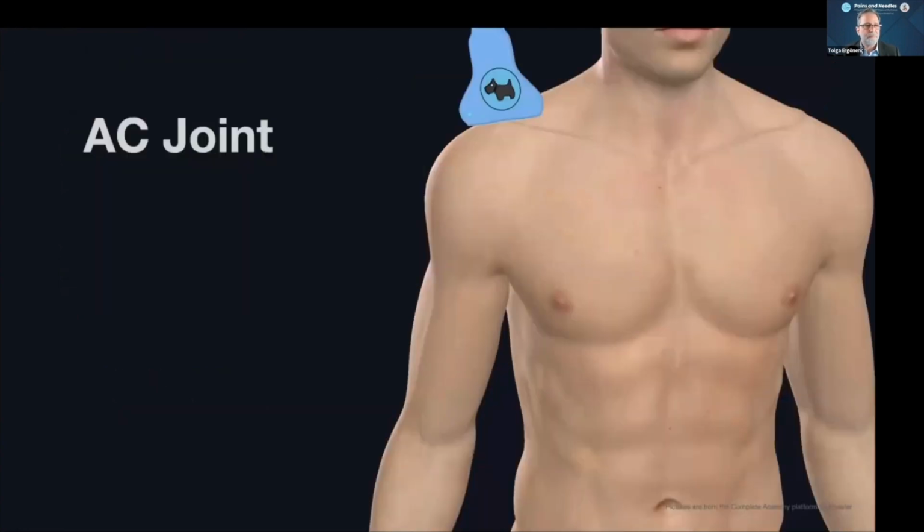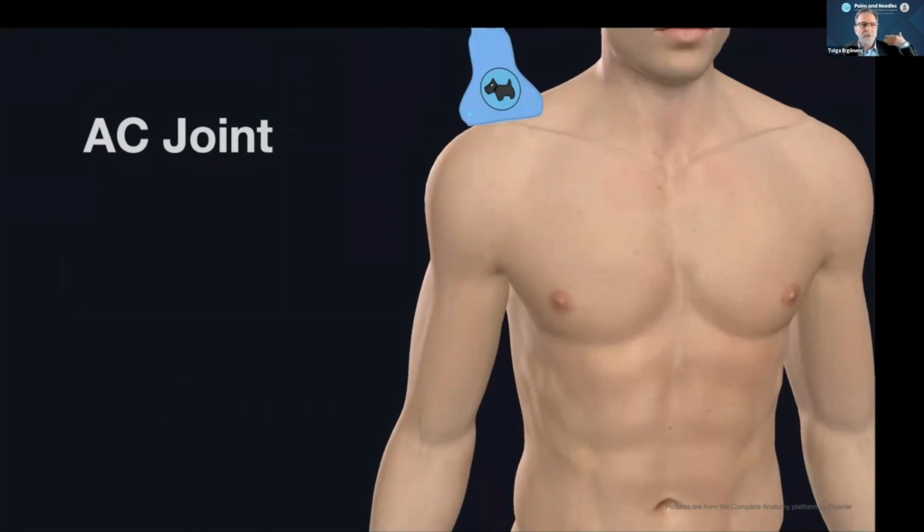Let's look at the acromioclavicular joint. The acromioclavicular joint is the articulation between the clavicle and the scapula. Since there are no muscles that act directly on this joint, the movements within it are entirely passive.